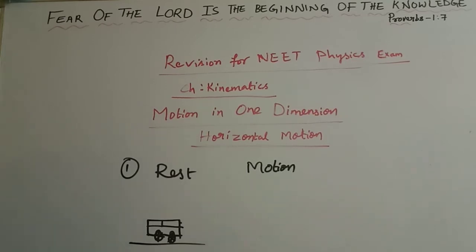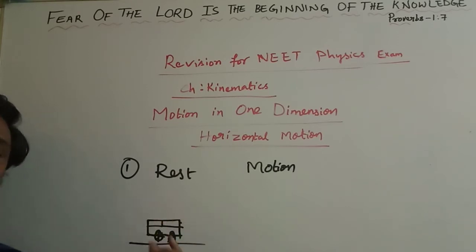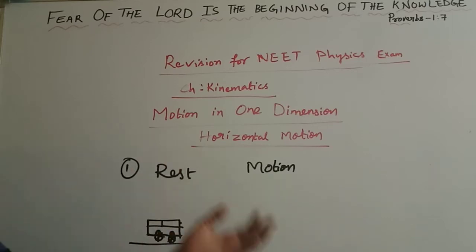So that's the reason I said, an object, whether it is a bus or car or auto or human being, whatever it is, is said to be at rest if the position of the object does not change with the surroundings.